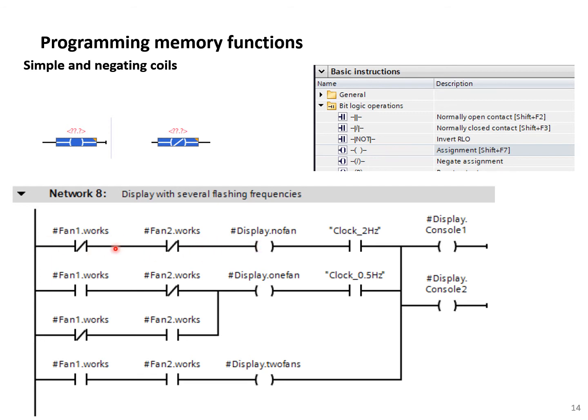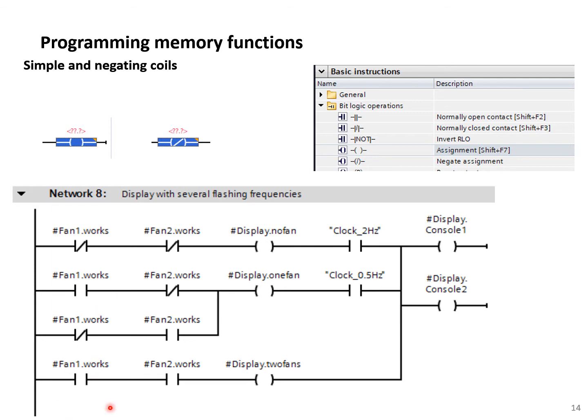But if they don't work, this one will be true and this one will be true, and then this one will be true. So no fan is working. Now this one is working. We have this clock 2 Hertz for a 2 Hertz frequency, and then this display will start flashing. Now, if either of them works, then the display 1 fan will be true, and then the display console 2 will flash.